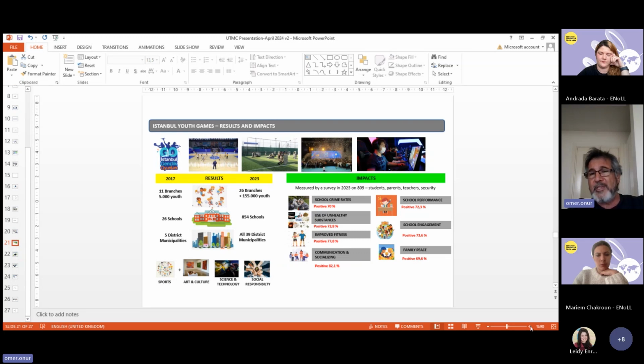When we do the surveys, the responses we get to the question of the use of unhealthy substances, for instance, is that there has been a positive move in dropping use of unhealthy substances. Also, the students have become more fit, and the school performance of students has improved. So when we do this every year, we can see that the social impact of this solution has been very positive.